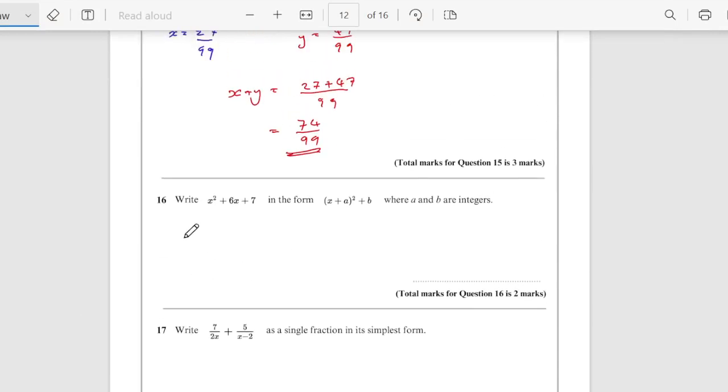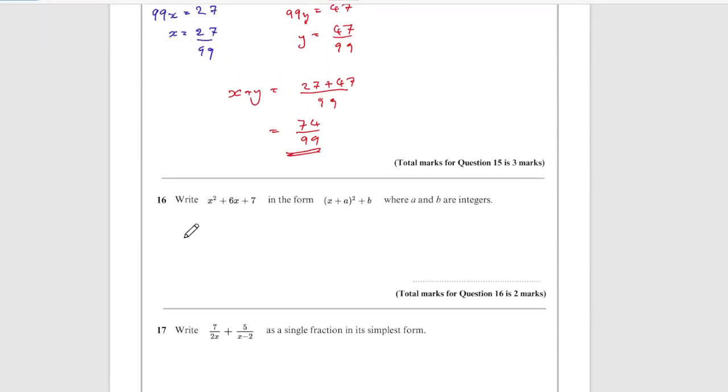Okay, question 16. Write x squared plus 6x plus 7 in the form, so we're looking at completing the square, where a and b are integers. So I'm going to put the first two terms into a bracket, so that's going to be x plus 3, half the x coefficient, squared.